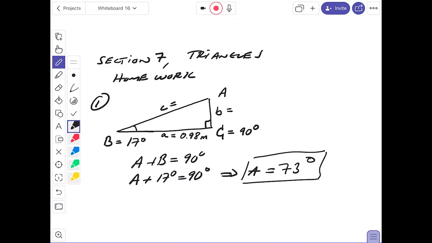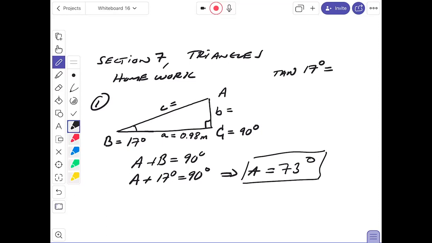So what I'm going to do over here is solve for those letters now. So let's put this down here. So let's take a look. And I'm going to use the tangent of 17 degrees is equal to, well, that would be the opposite side, right?